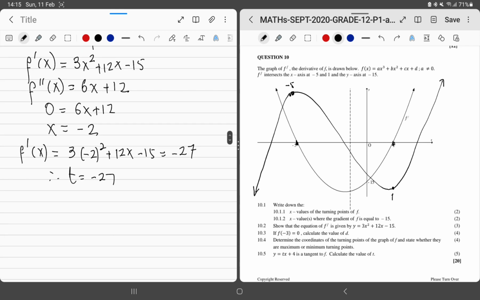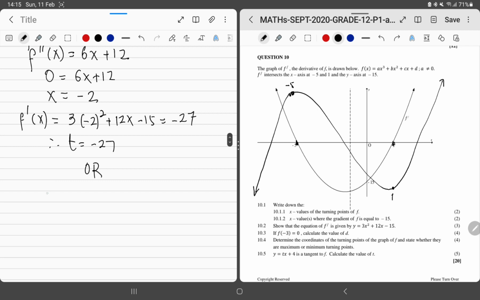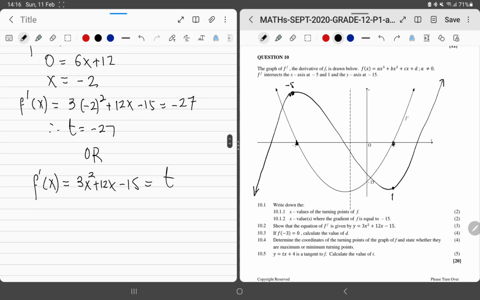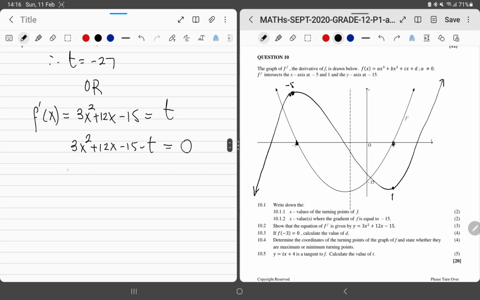I think we can also use another method. Let me just check. So we are saying the gradient should be equal to 3x squared plus 12x minus 15, and it should be equal to t. So 3x squared plus 12x minus 15 minus t should be equal to 0. And then I'm just going to use the discriminant b squared minus 4ac.